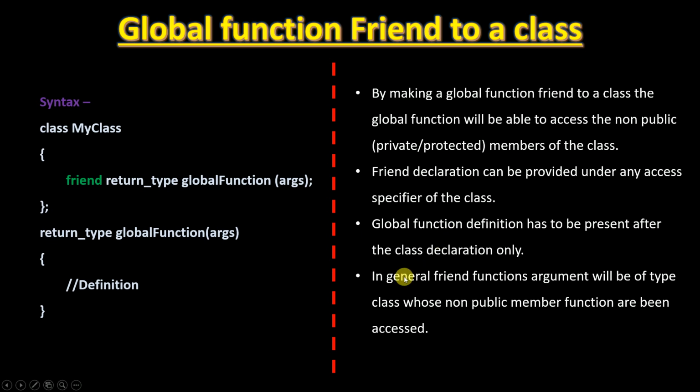In general, the friend function's argument will be of the type of the class whose non-public members are being accessed. Generally in friend functions we take MyClass as the argument, a reference or the object itself, and that object will be passed as an argument to this function.